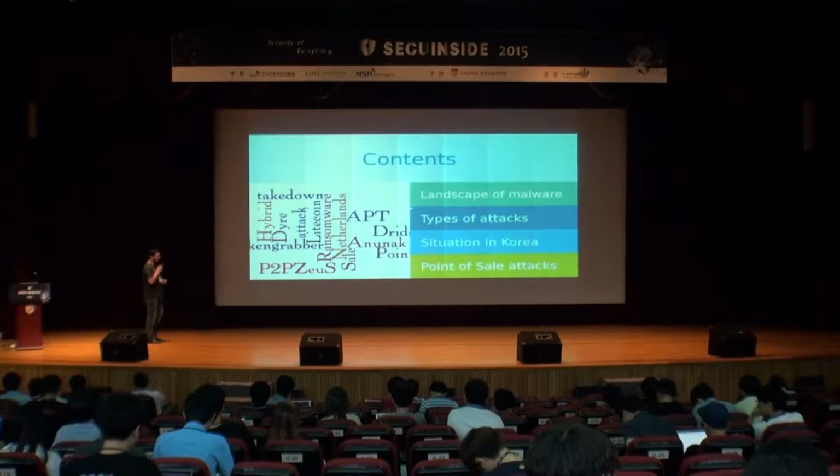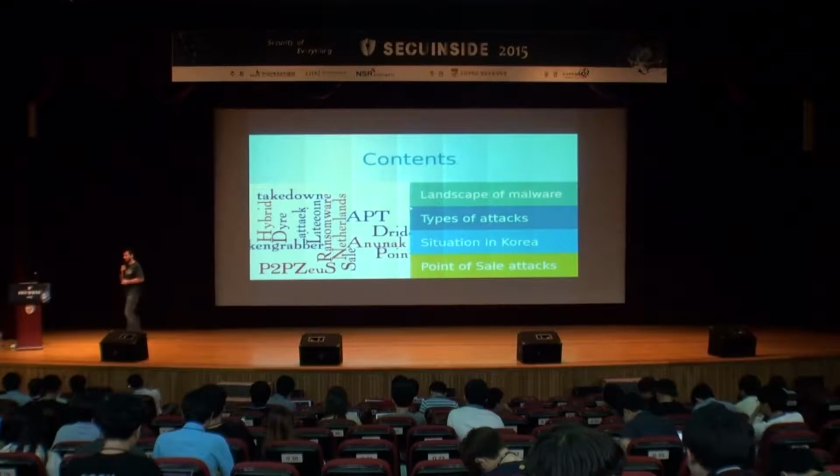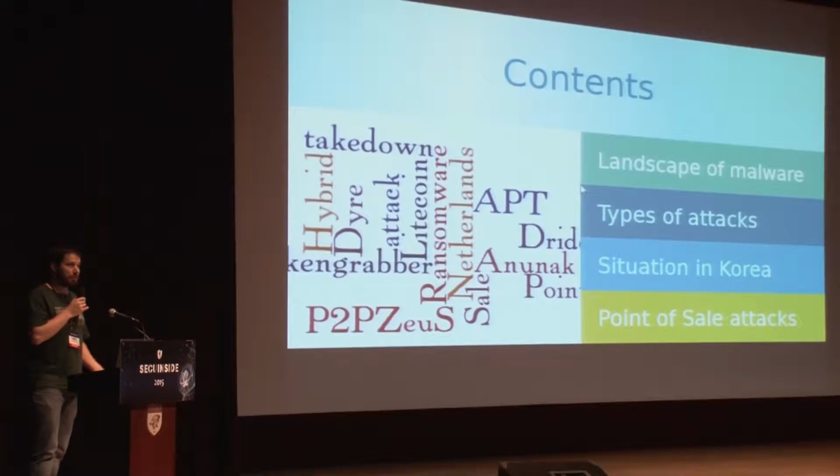I will talk about the landscape of malware, what kind of things are done, what kind of malware families exist, and what types of attacks they carry. And the situation in Korea, I will give 3 different examples of banking malware attacks that have taken place here, and I'll also go into their level of success.